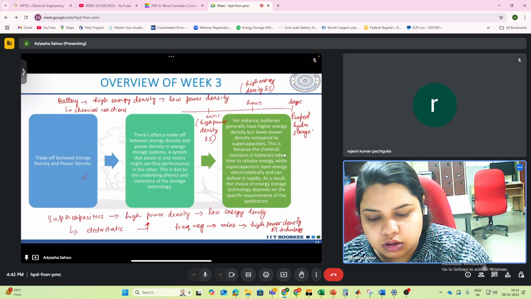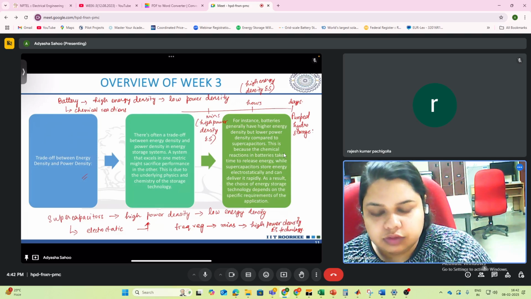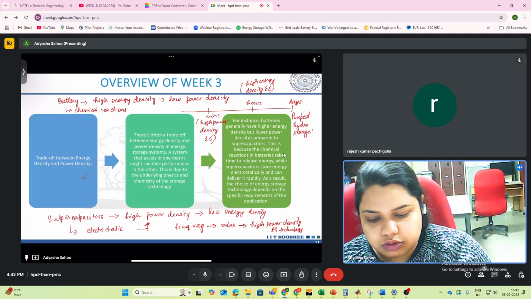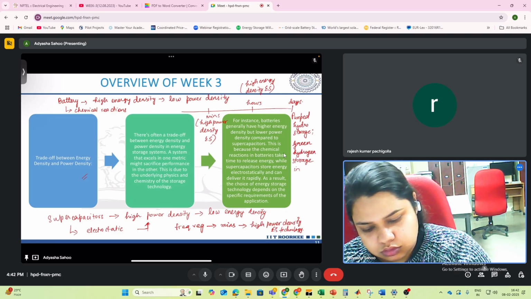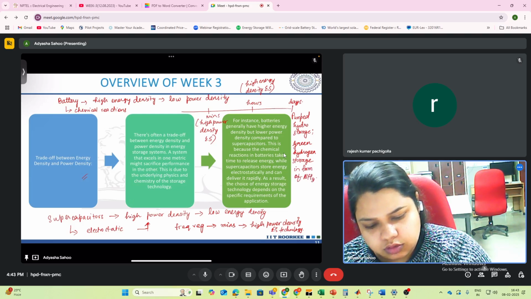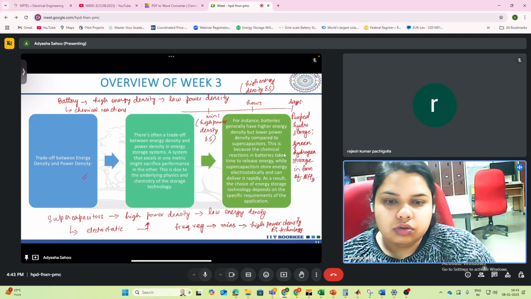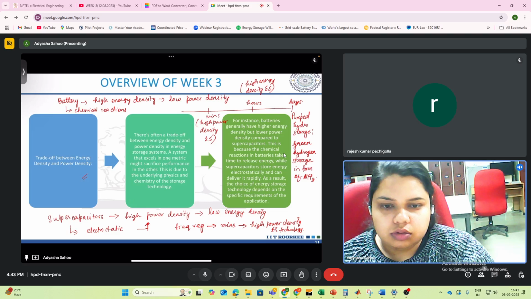Now the other popular kind of storage is hydrogen storage or green hydrogen storage. So green hydrogen storage in the form of ammonia. So what you do, you basically store using fuel cells.